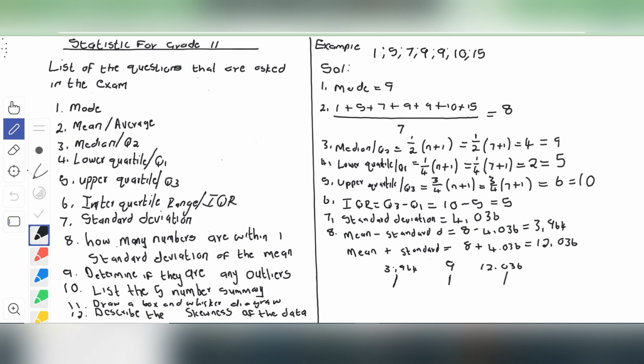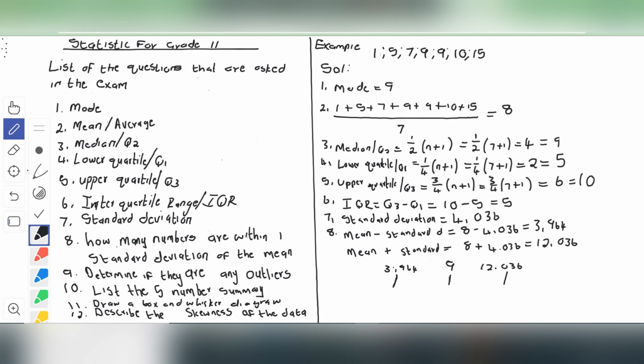So we have 3.964, we have 9, which is the mean, and 12.036, which is the mean plus the standard deviation, and 3.964 is the mean minus the standard deviation.